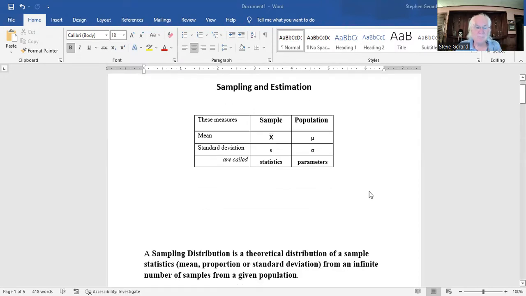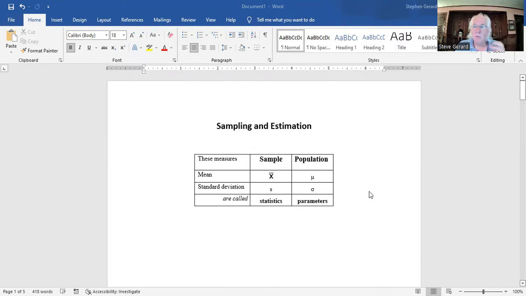Why do we do this? A key part of estimation, of inferential statistics, is that we have data from a sample, and we want to infer something about a population given the data we have from some smaller sample.